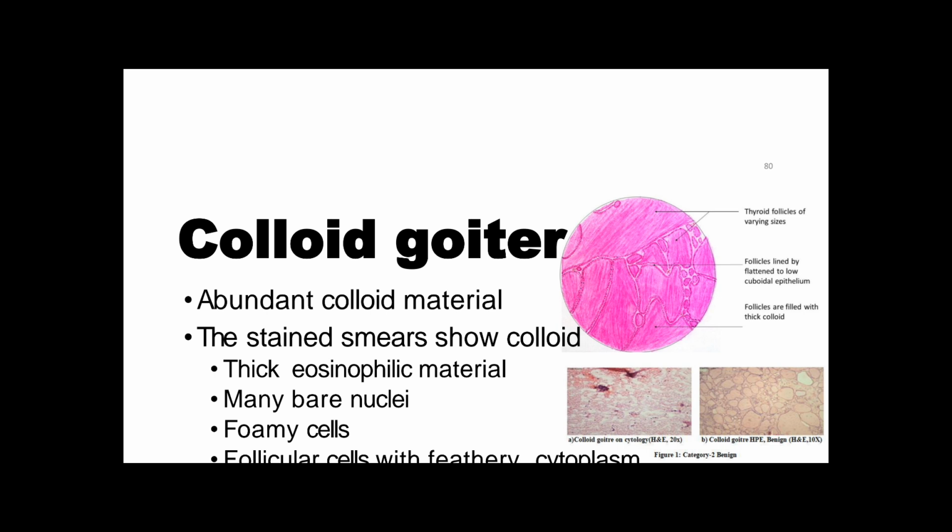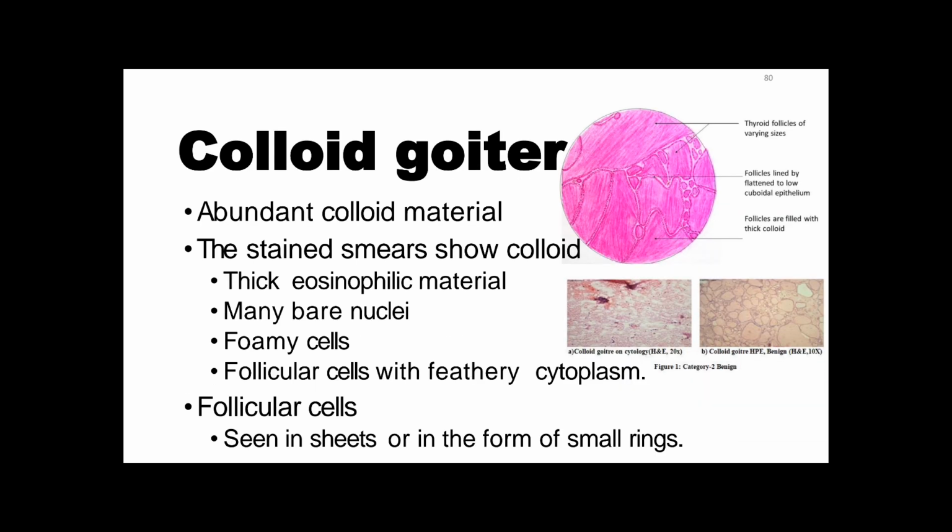When we go to the colloid goiter, the smear shows abundant colloid material. The stained smear shows colloid as a thick eosinophilic material with many bare nuclei, and also follicular cells with fibrillary cytoplasm.